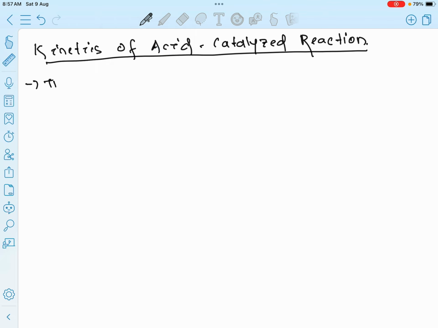So there are two steps in acid catalyzed reaction.